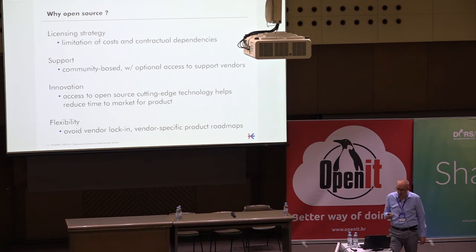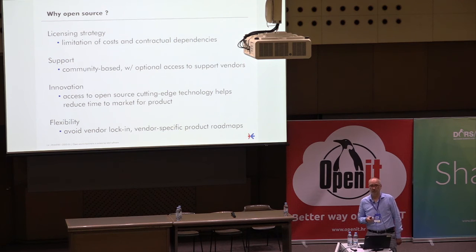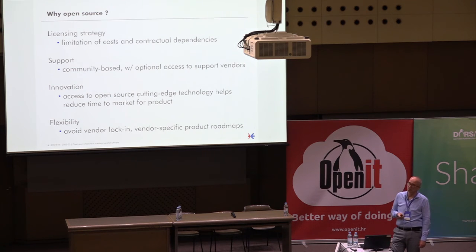We rely heavily and enjoy relying on community-based support, and are at the same time quite happy that within the community we can find, as an option, access to vendors offering commercial support for a particular open source segment. We believe the open source community is a very innovative one, and having access to cutting edge technology helps us deliver modern applications and reduce our time to market for a particular product.